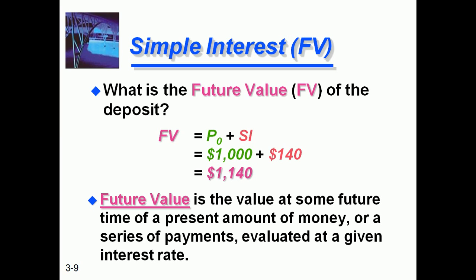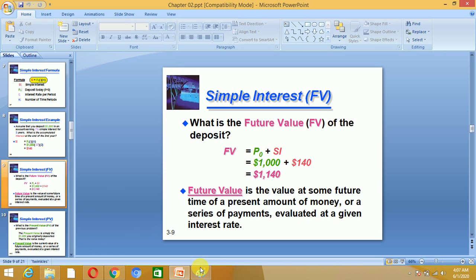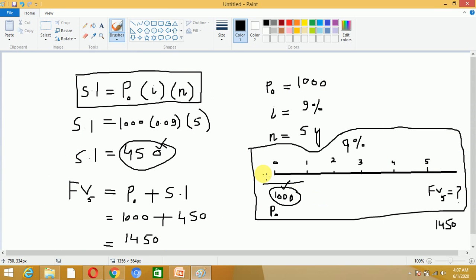What is future value? It is the value at some future time at a given interest rate. See, this is present value, this 1000. We are depositing this money for how much time? 5 years. So after 5 years, he's asking how much money will you receive?